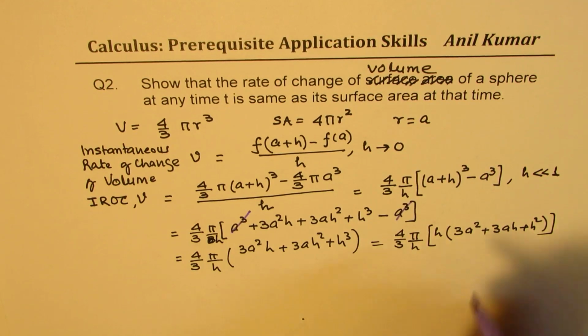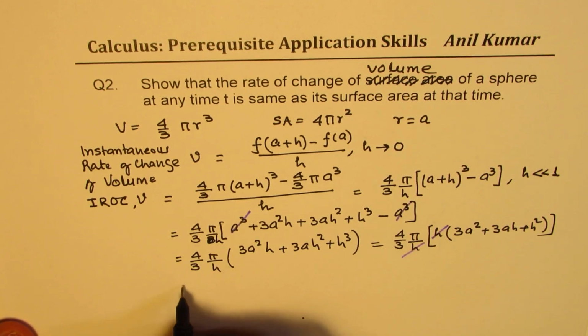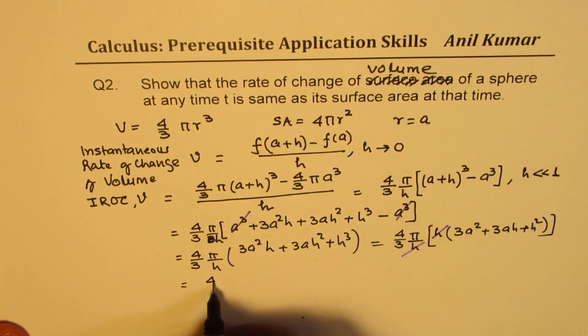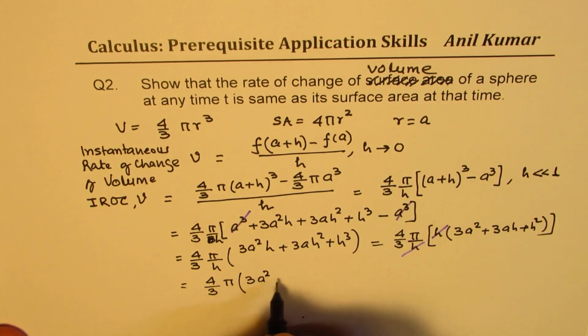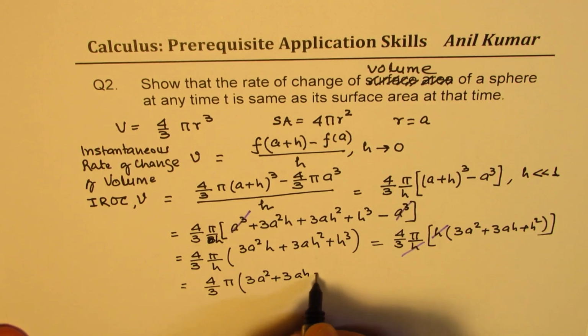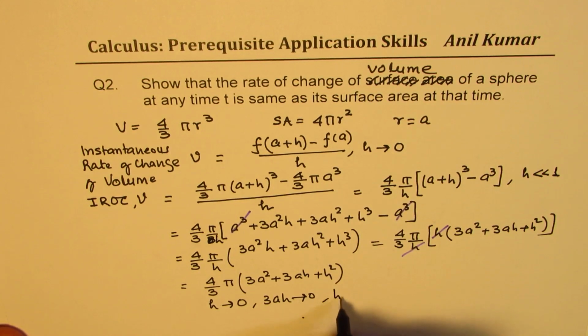Now we can cancel h with h, correct? So I could write this expression as 4 by 3 pi, within brackets 3a square plus 3ah plus h square. Since h is very small, since h approaches 0, 3ah will approach 0 and h square will also approach 0, right?